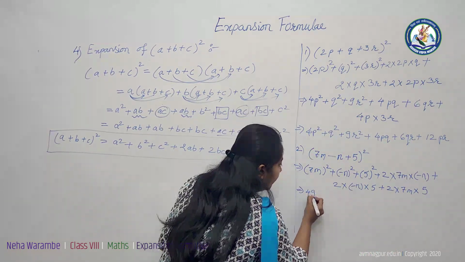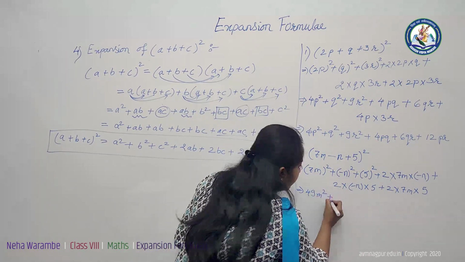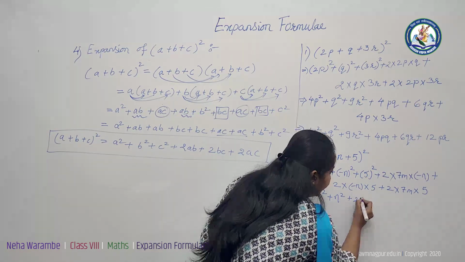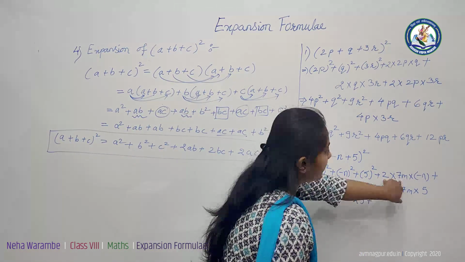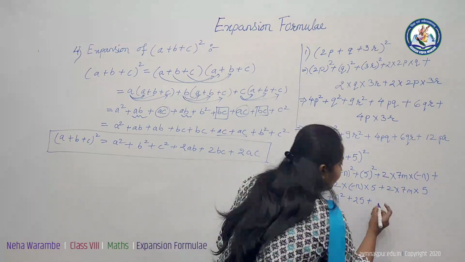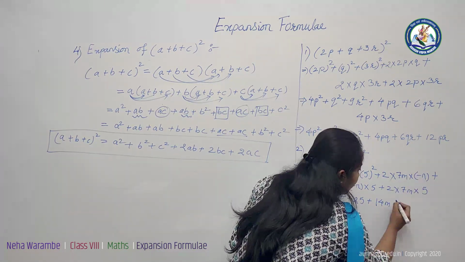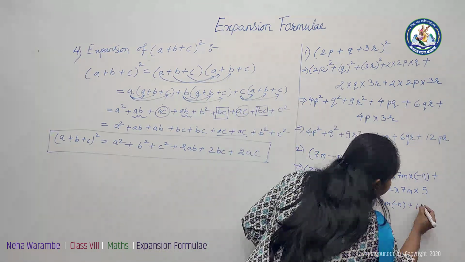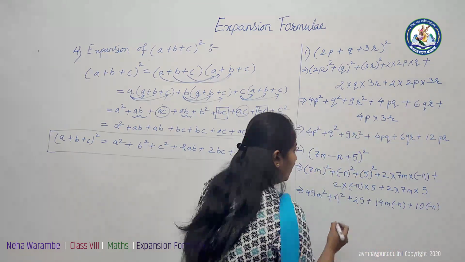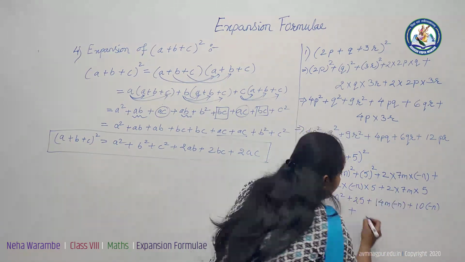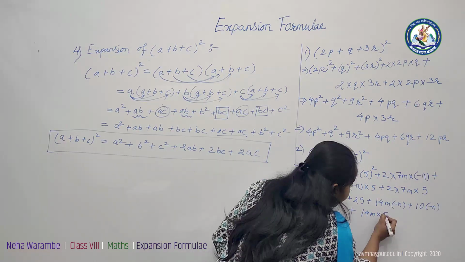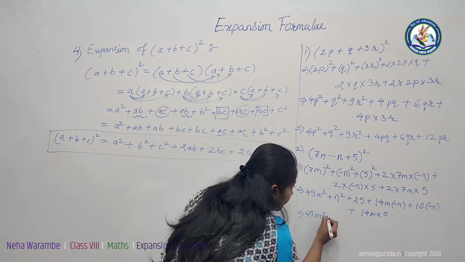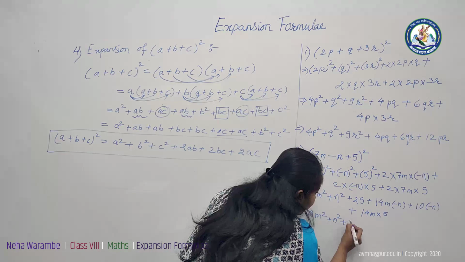Now 7 square is 49, m square, plus minus n square is n square, plus 5 square is 25, plus 7 2s are 14, m into minus n, plus 5 2s are 10, into minus n, plus 7 2s are 14, m into 5. Now this is 49m square plus n square plus 25.